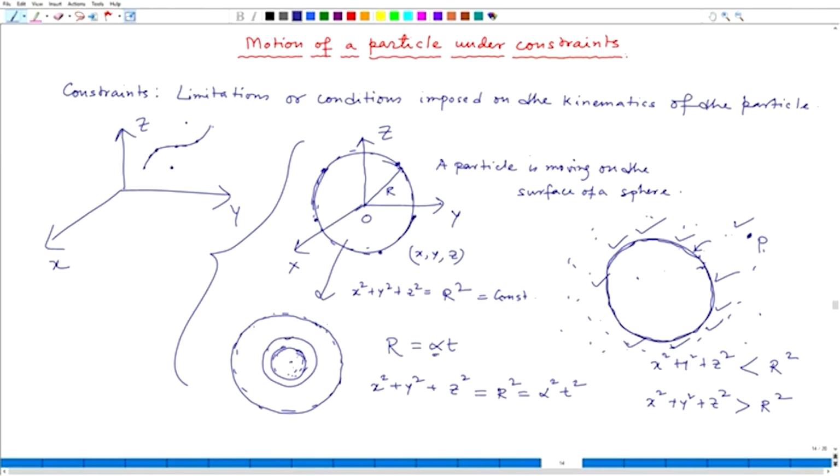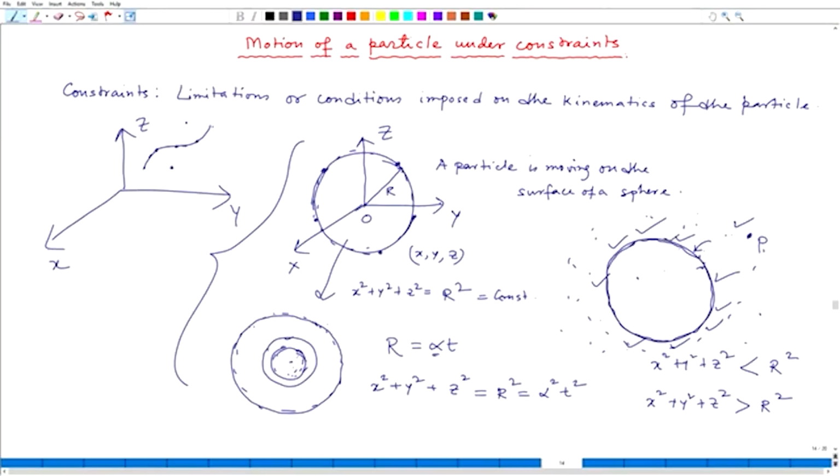Whether it bounces back immediately or takes some time will depend on the nature of the surface. Let us say this surface is rigid, so the particle will bounce back and there is no glue. So, for these last two cases we can use equality as well: x square plus y square plus z square less than or equal to r square, and in the second case x square plus y square plus z square greater than or equal to r square.